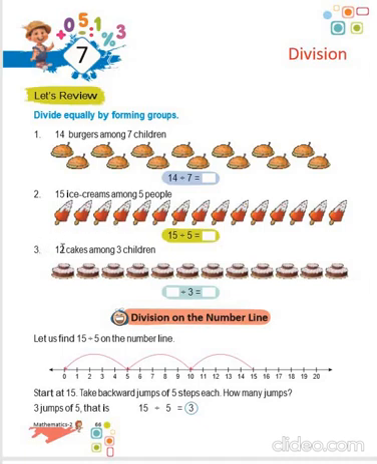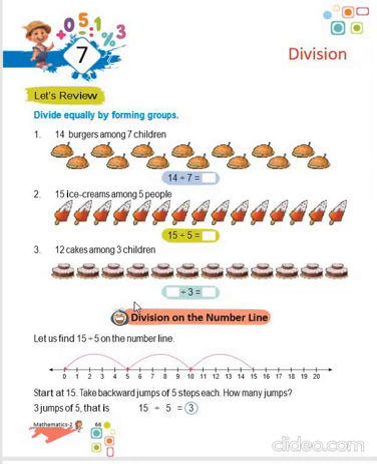Now we have 12 cakes and we have to distribute these 12 cakes among 3 children. So how many cakes will each get? 4. In this way we can make groups and divide equally among these groups.